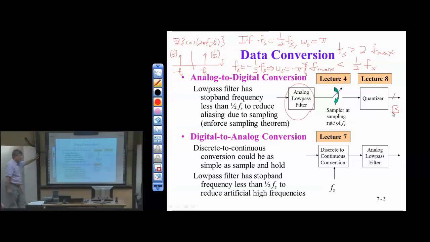On the D to A side, which is more what we're going to talk about today in Lecture 7, in the digital to analog conversion side, we have a discrete time and digital signal that we'd like to approximate as a continuous time analog signal. We'll do this in 2 steps.